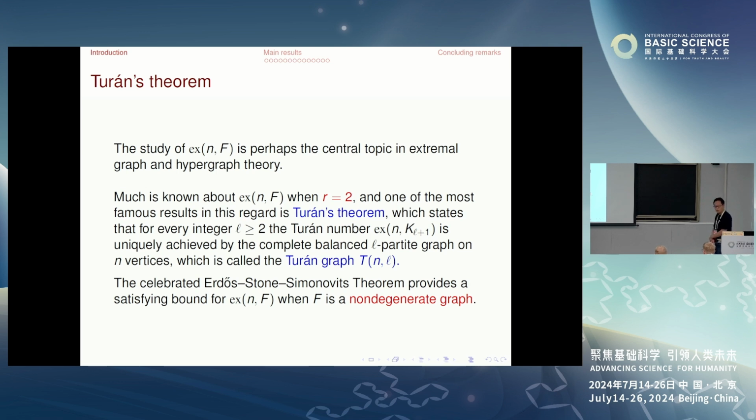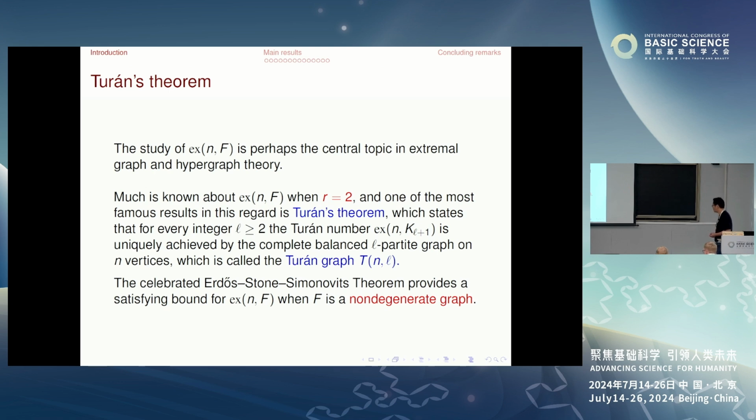This graph we call the Turán graph. For the general F, we know that the celebrated Erdős–Stone theorem shows that the Turán number of a general graph F is not far from the Turán graph, which means that we can determine the Turán density of F exactly when F is a graph.